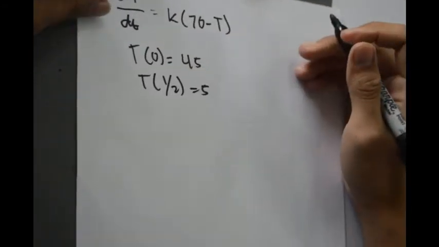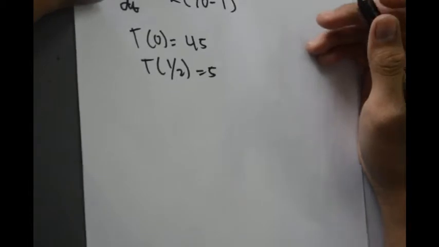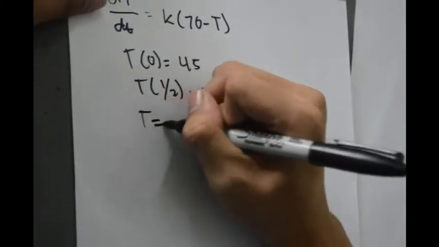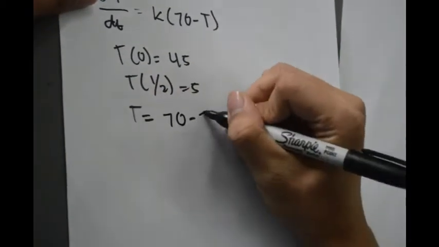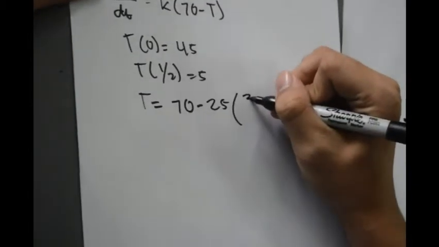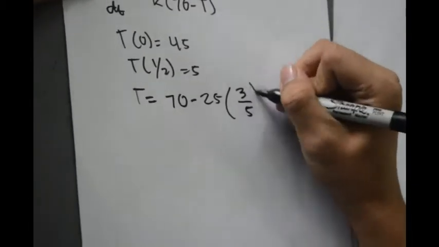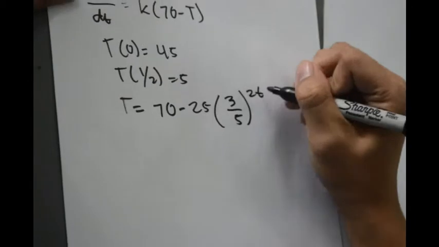And we know that the solution of this boundary value problem is T is equal to 70 minus 25 times 3 over 5 to the power of 2t.